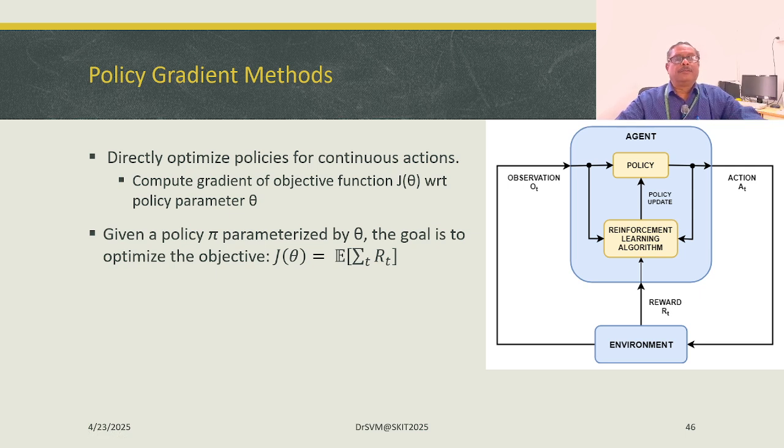So here we are given a policy pi that is parameterized by some thetas, and the goal is to optimize the objective function J of theta, which is the expected value of the total cumulative rewards from now, that is from time t onwards. From t onwards, whatever rewards are expected, we sum them all up.